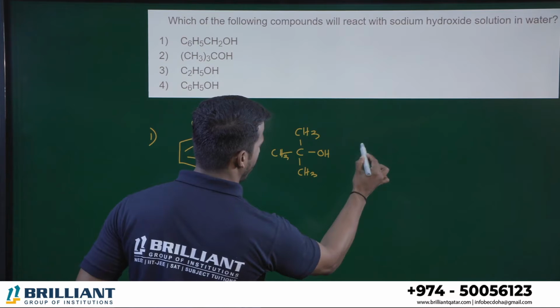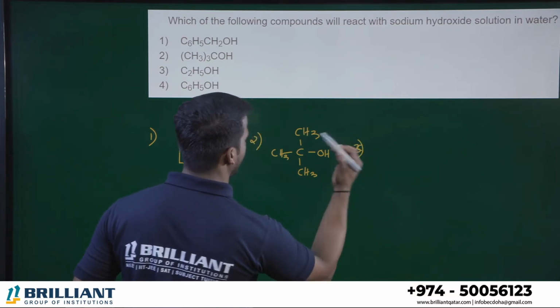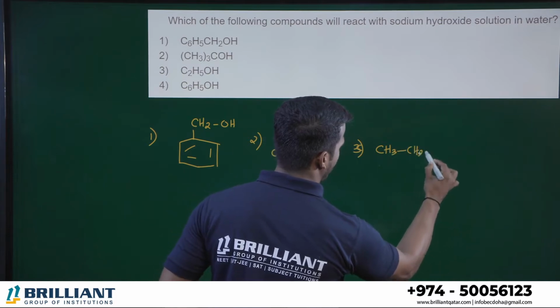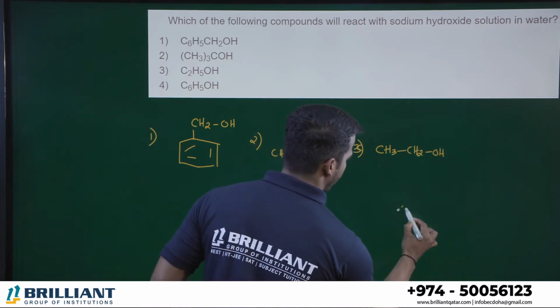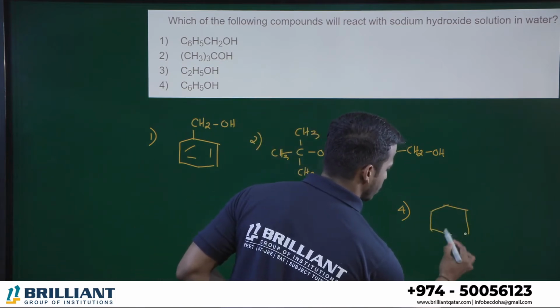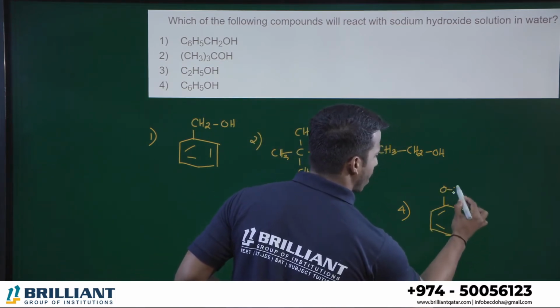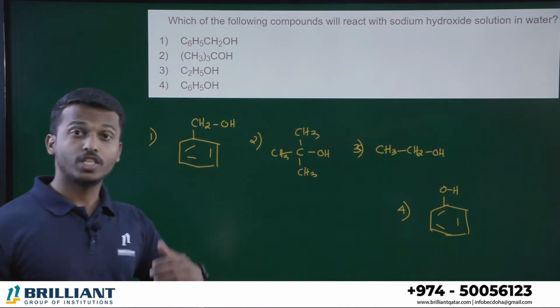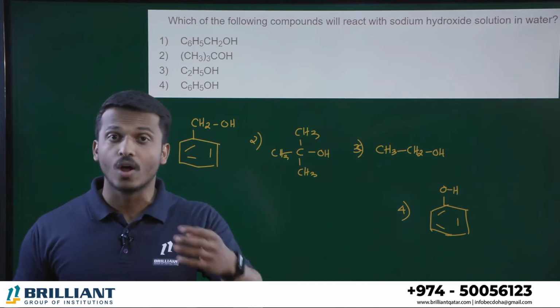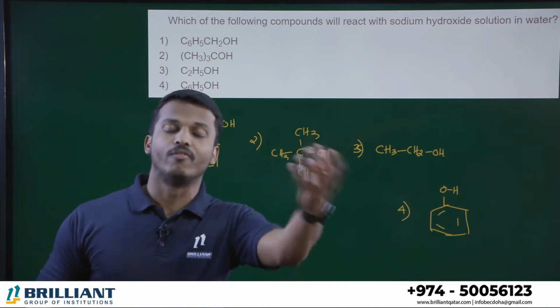Option C, the third one, is ethanol, CH3CH2OH. And the fourth compound is C6H5OH, phenol. The question is very clear: which is more acidic in nature? It can react with sodium hydroxide or a metal like sodium very fast.